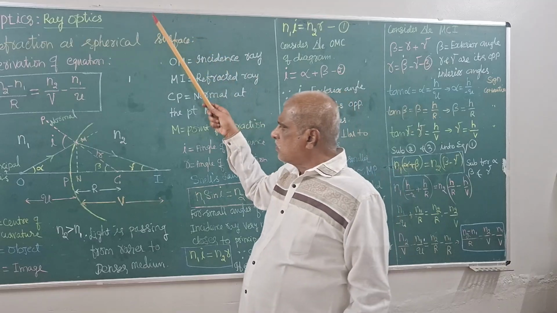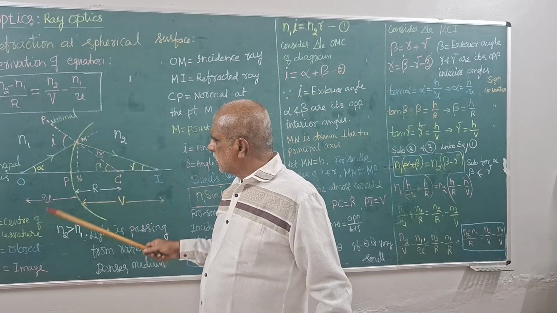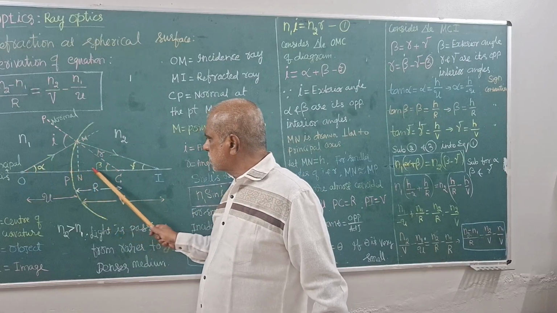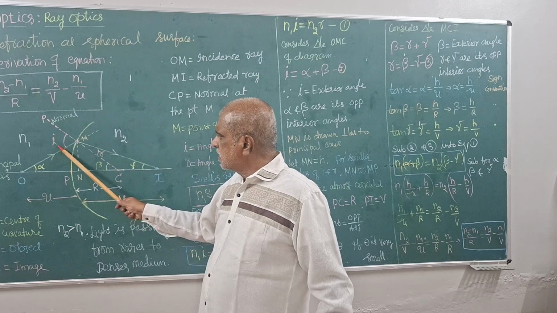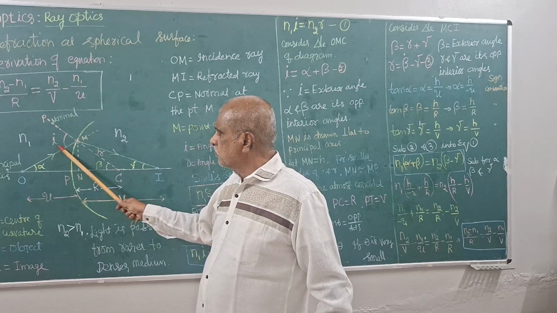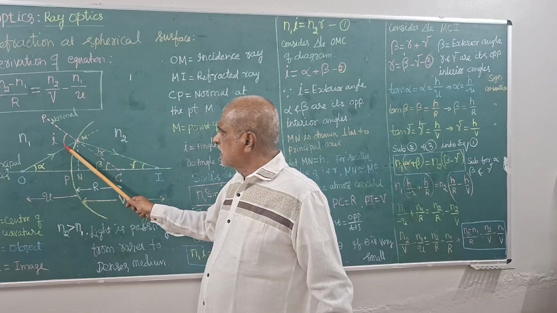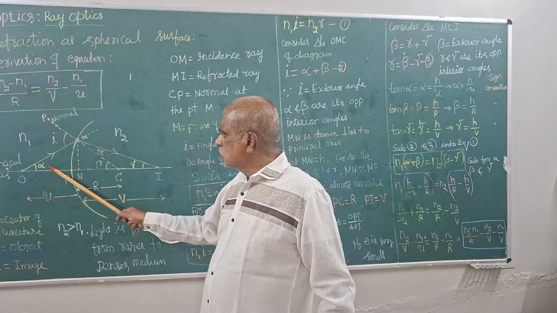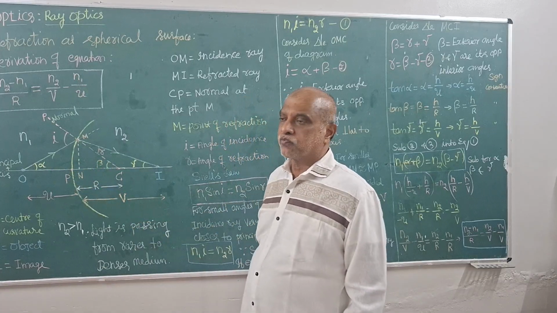Look at this. We have triangles in this diagram. In this triangle, this angle is an exterior angle because this side is extended, and these two are its opposite interior angles.